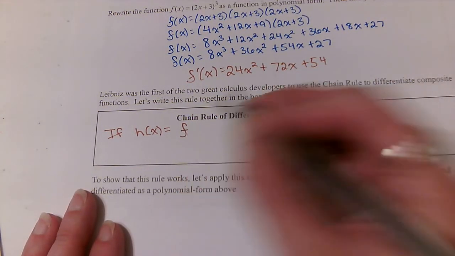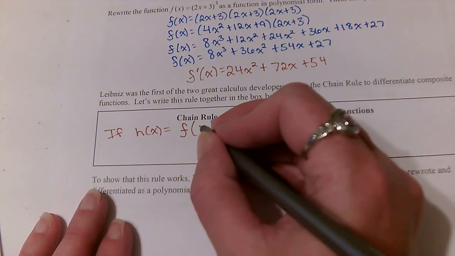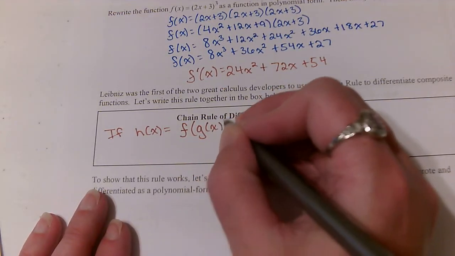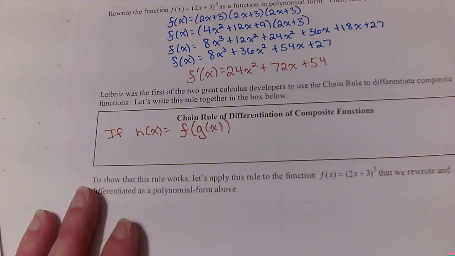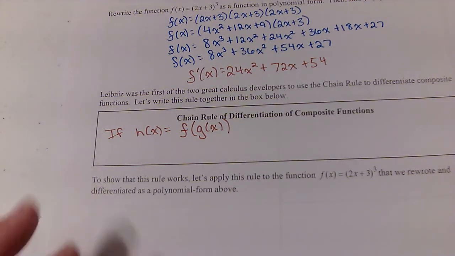So if we have a composite function, h of x equals f of g of x, Leibniz found that there was a shortcut. Love shortcuts.